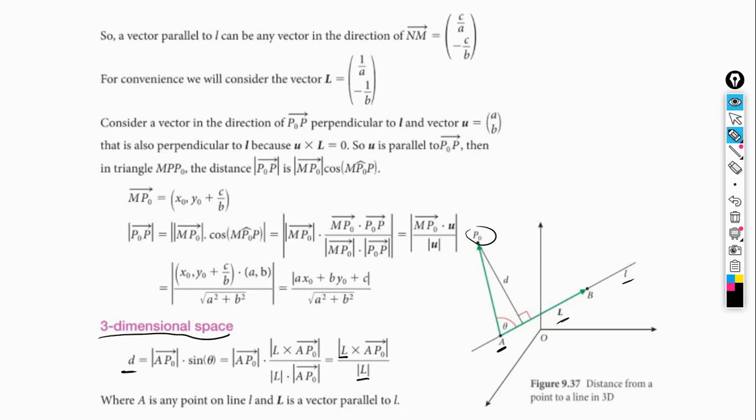Notice that we can say that this distance d, using trigonometry, is equal to the magnitude of this vector, which is AP sub 0, times the sine of the opposite angle theta, but we know that the sine of theta is equal to this expression, and that's why we end up with this.